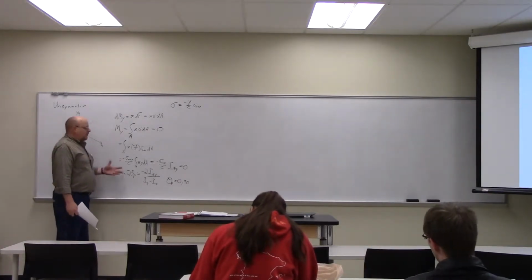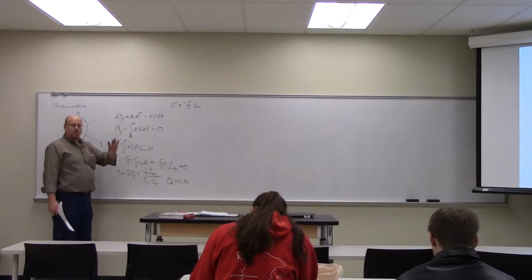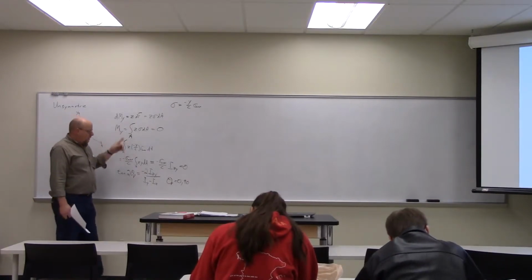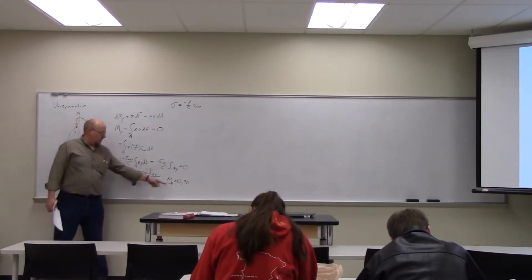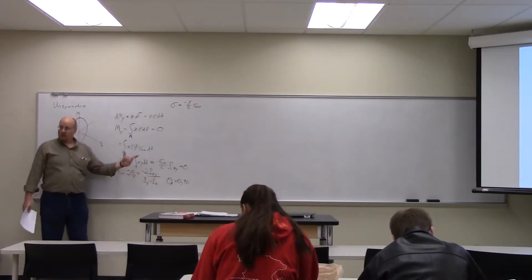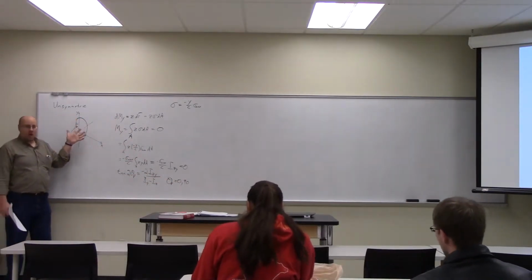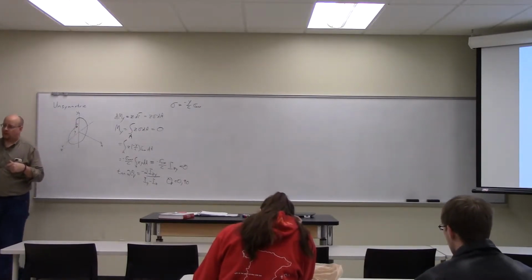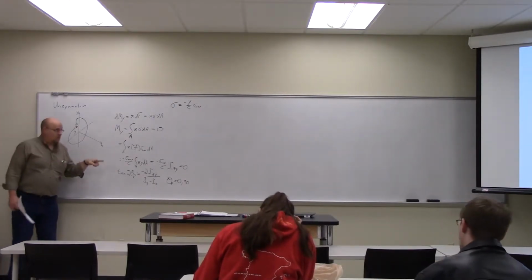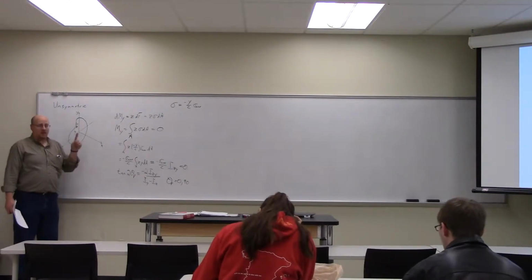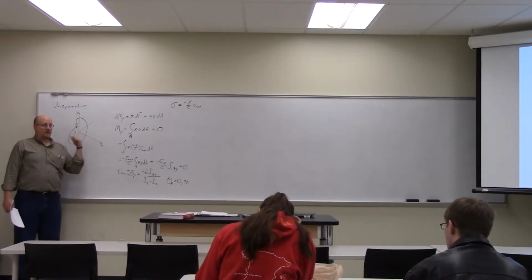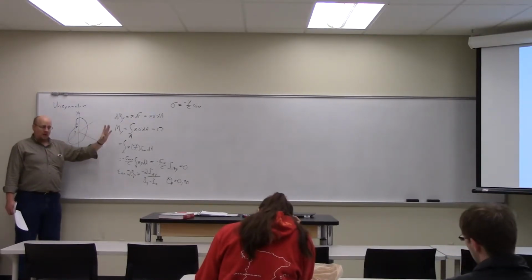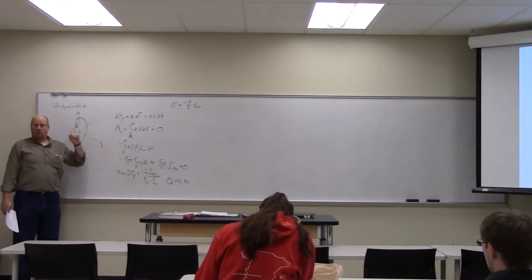So what does that mean? That means that in order to get this thing to bend purely, we must already be, because when theta p equals 0, that means we don't have to rotate at all. We must already be oriented along one of the principal axes. In other words, the moment of inertia about the z-axis and the moment of inertia about the y-axis already are the max and min moments of inertia for this beam.